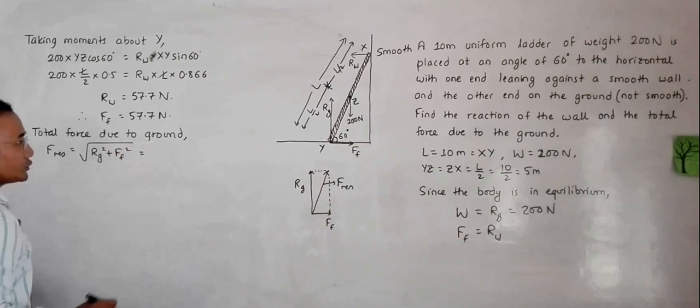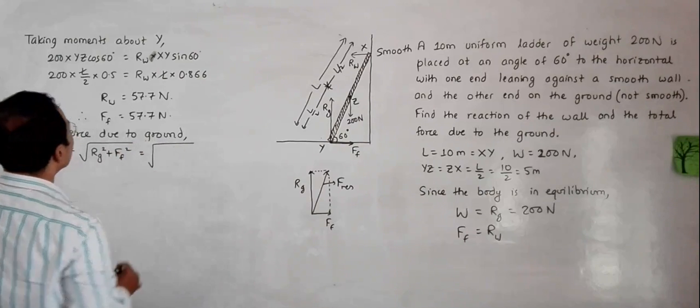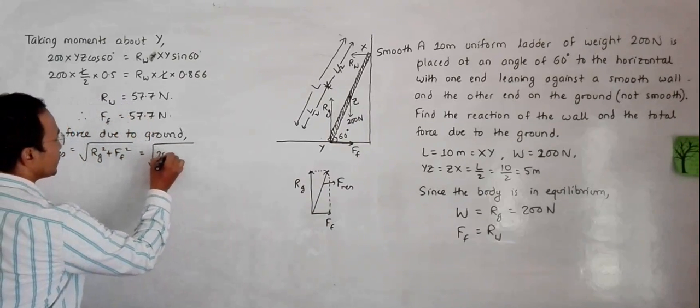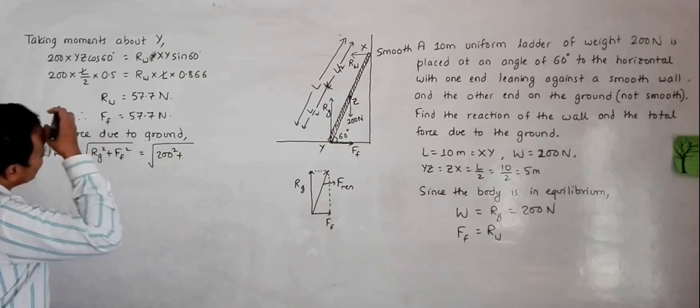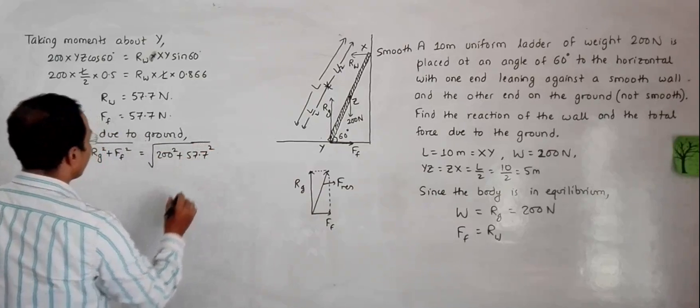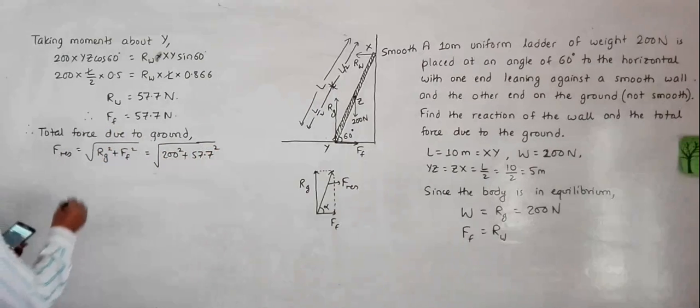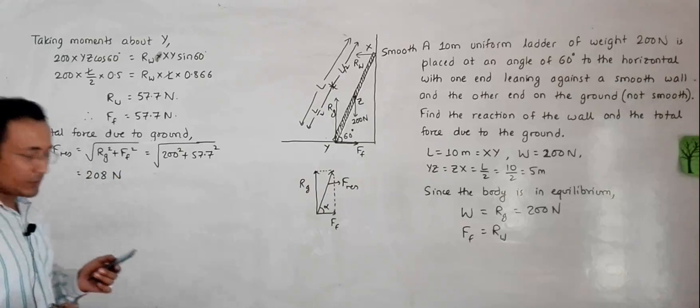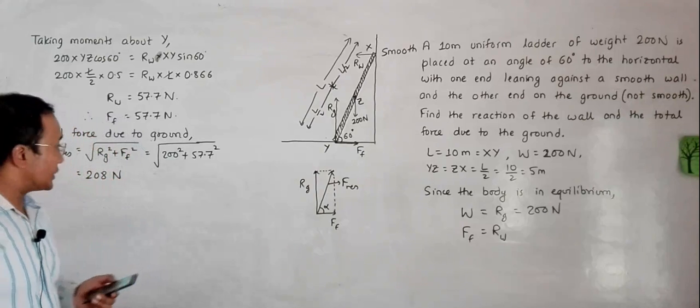Rg is equal to the weight, 200. So it is 200 square plus Ff, 57.7, square. So that will be equal to 208 Newton approximately.